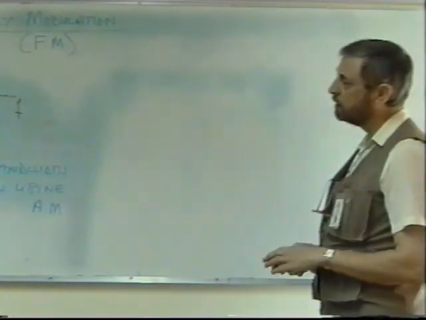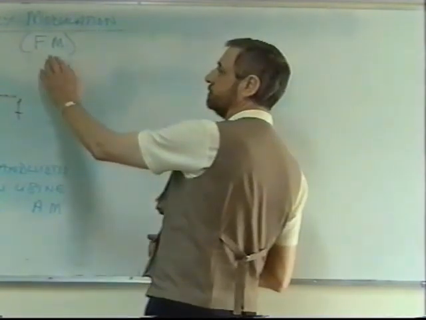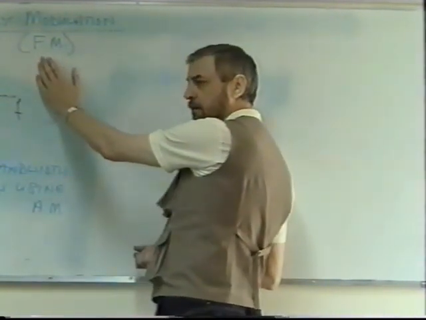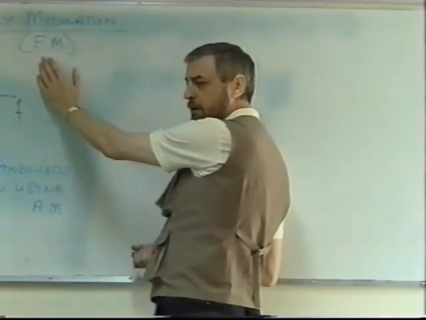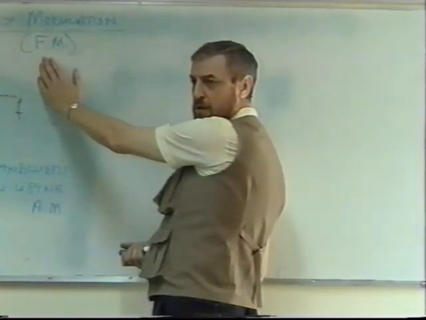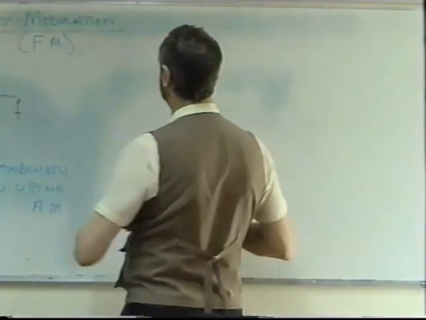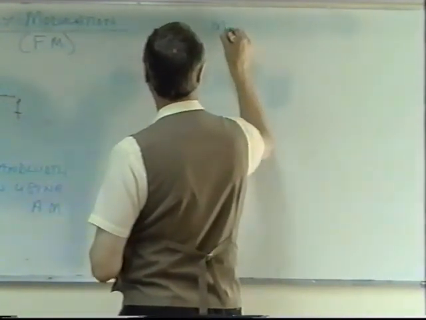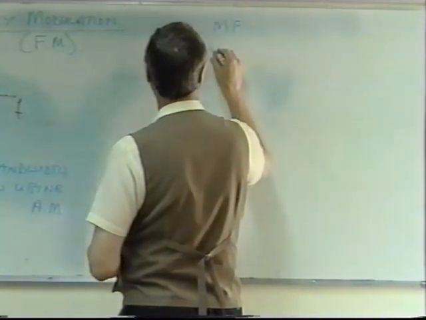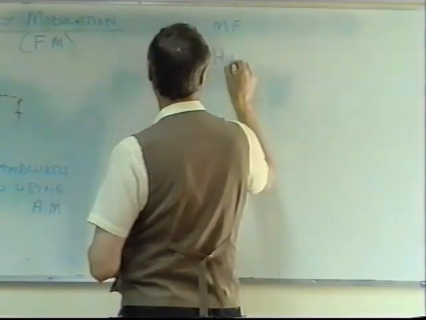Now, the reason I'm asking this is because, again, people tend to get confused between FM and VHF. For instance, remember the two bands we talked about? We talked about the medium frequency band and VHF. Well, we have HF as well, of course, in between.